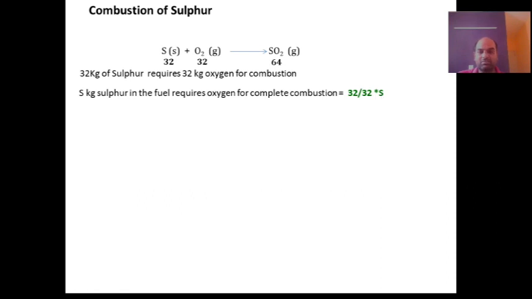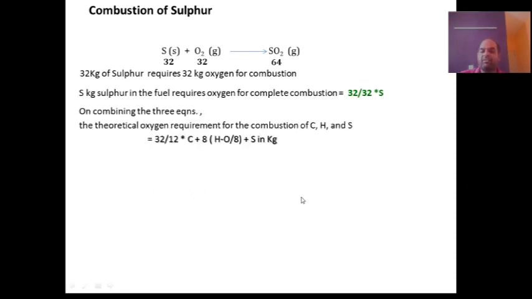Okay, so putting all these things together, we have a very simple convenient formula in our hand, which is given this way. The theoretical oxygen requirement for the combustion of carbon, hydrogen, sulfur is given by 32 by 12 into carbon, that is the amount of carbon in your fuel, plus 8 into hydrogen amount minus oxygen amount by 8, okay, plus the sulfur amount.